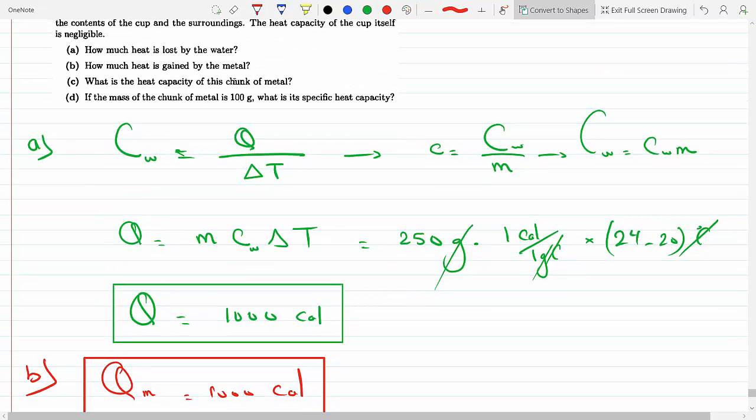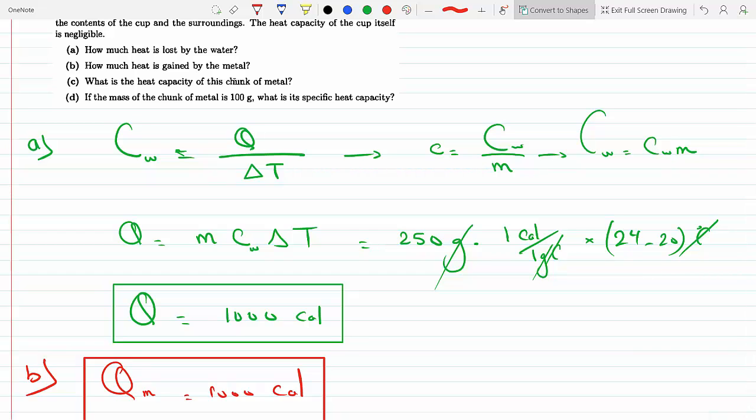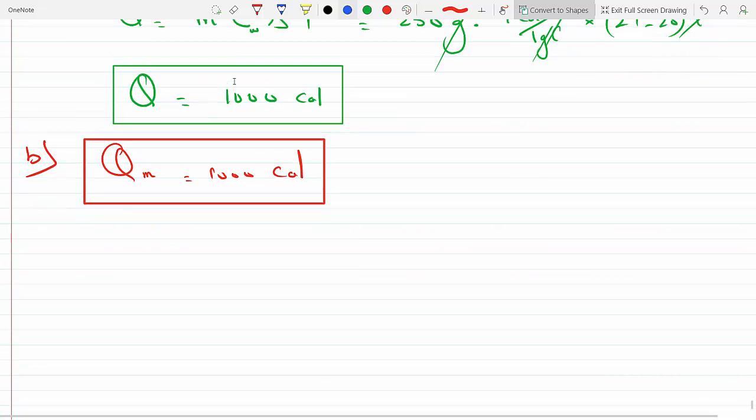Part C now asks what's the heat capacity of this chunk of metal. That's the whole point behind the experiment, to figure out the heat capacity, which is C. This is exactly the definition of the heat capacity for the metal.